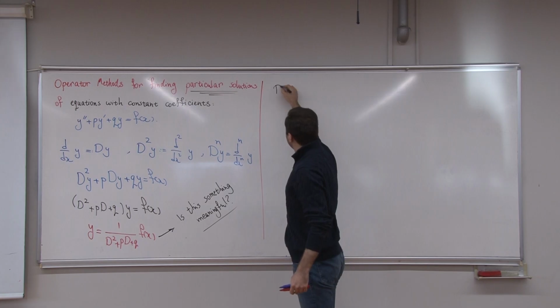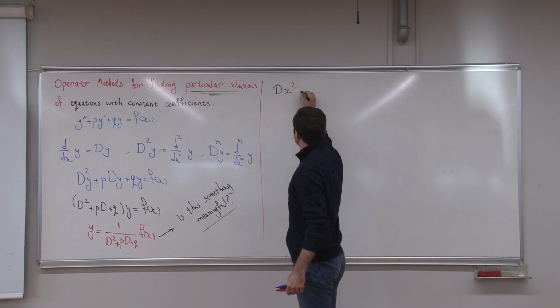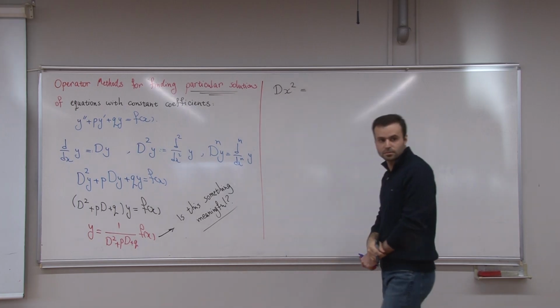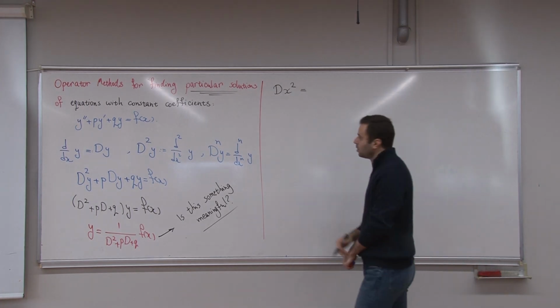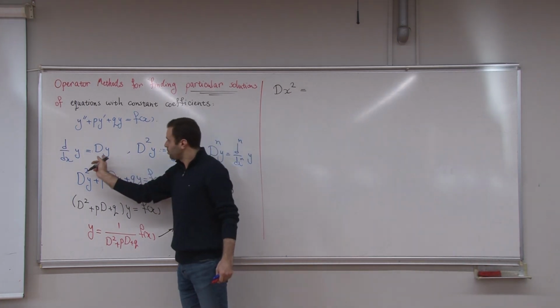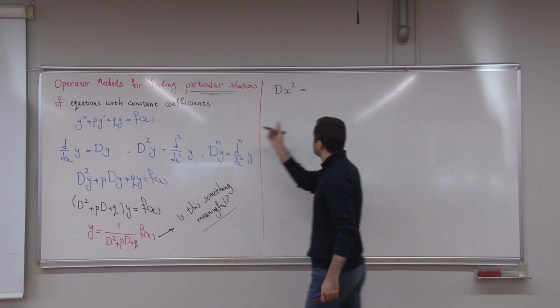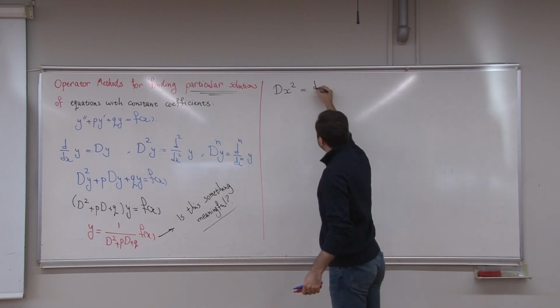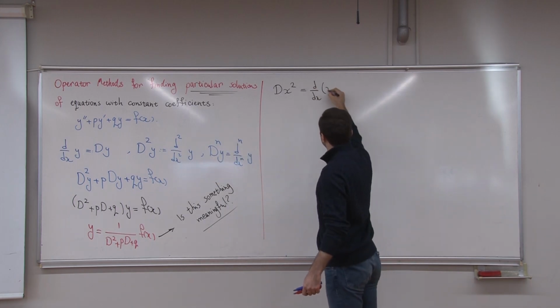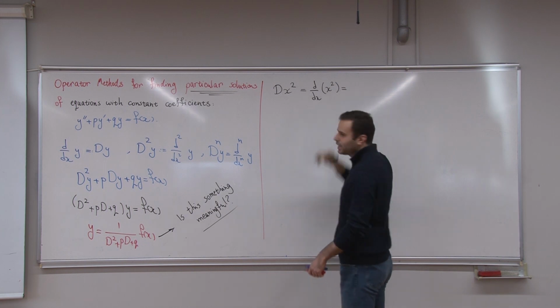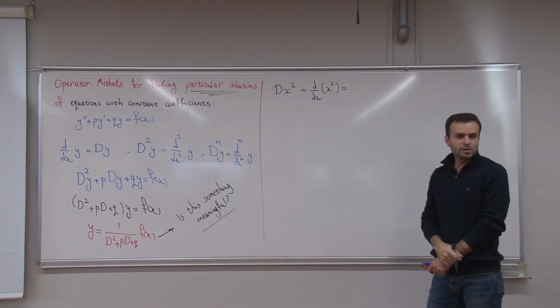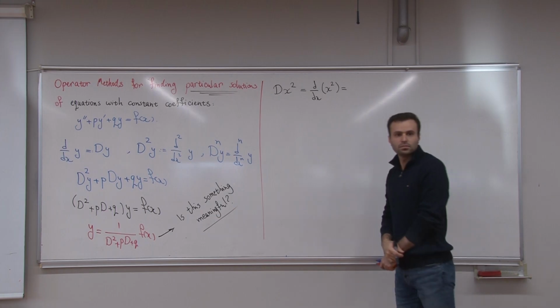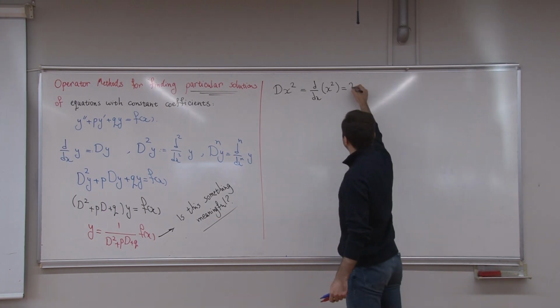What is our D of x to the power of 2? Just come back, use the definition. D over dx of x to the power of 2, and what is this going to be? 2x.